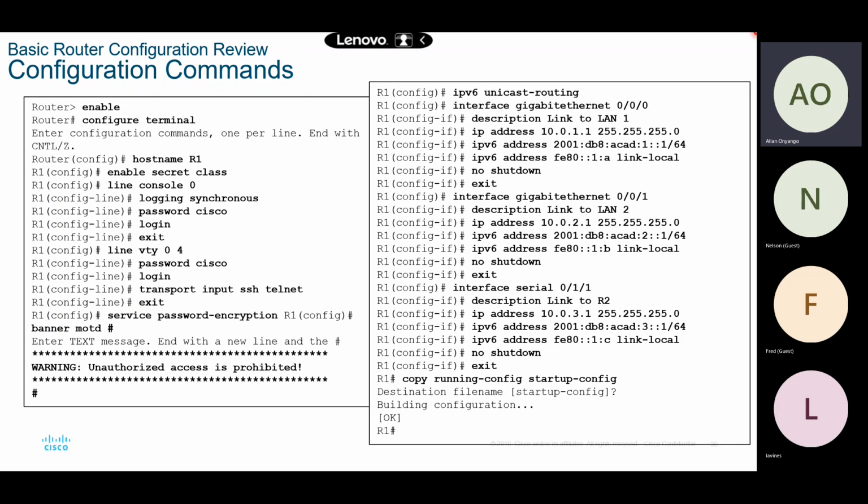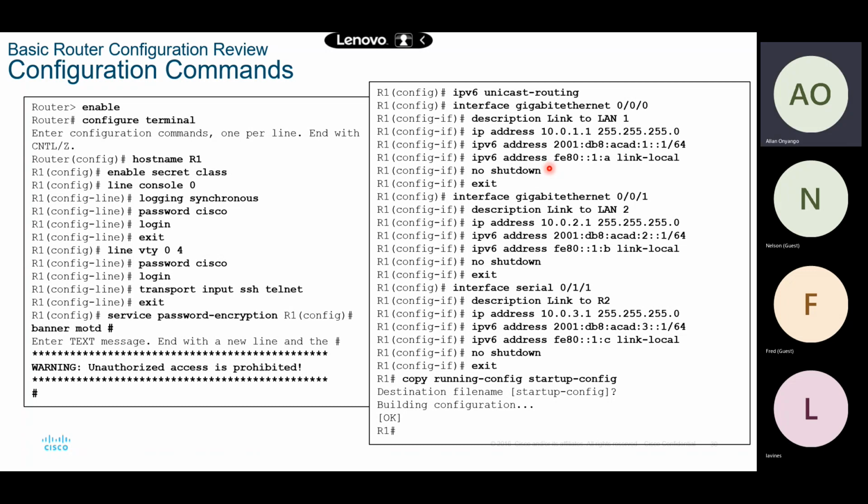So these are basic commands, and you can see the ones for configuring IP addresses. To enable IPv6, you need to say ipv6 unicast-routing. Get into that interface, and then configure the IPv4 address, the IPv6 address, and then no shutdown.